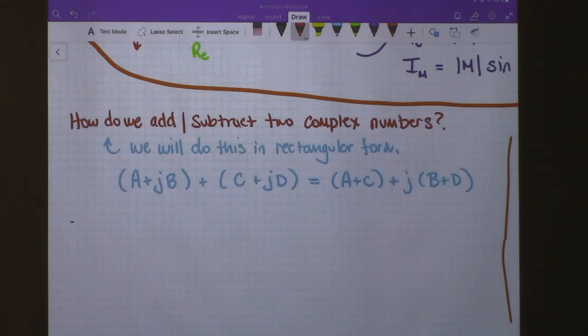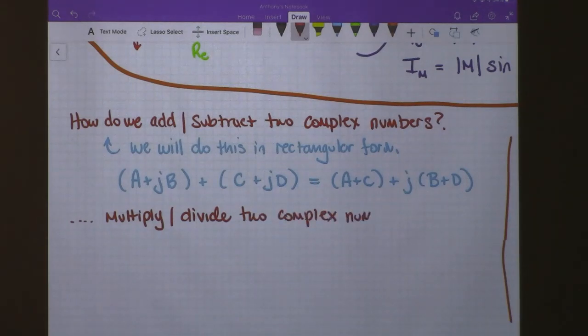Okay, now what about multiplying and dividing two complex numbers? So you will do this in polar form.